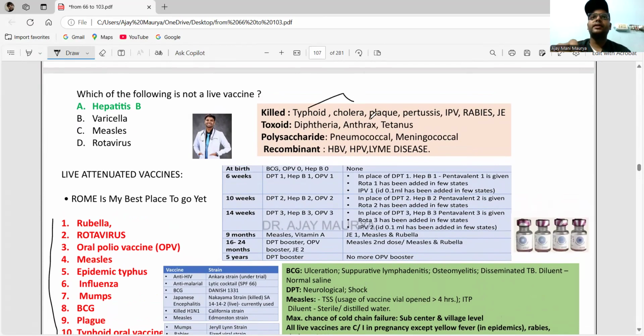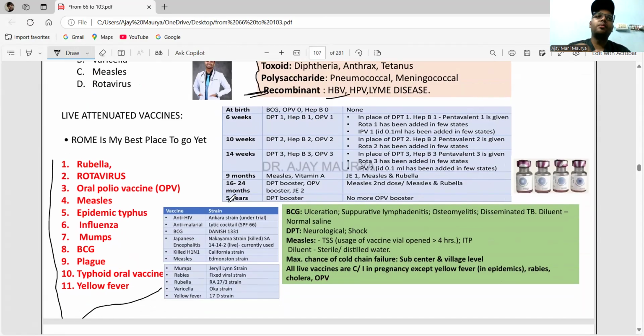Toxoids: DAT, diphtheria, anthrax, tetanus are the toxoids. Polysaccharide, recombinant is the HPV. Mostly they are going to ask you questions about the recombinant one. This is important. Just remember this one.